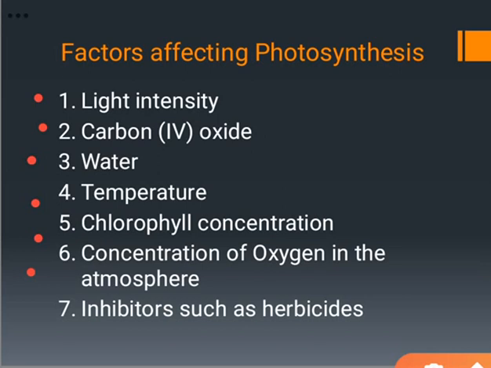Concentration of oxygen in the atmosphere. Whatever happens, if oxygen is more than the expected value in the atmosphere, it has been known that abundant oxygen tends to compete with carbon dioxide for its binding site on the chloroplast.